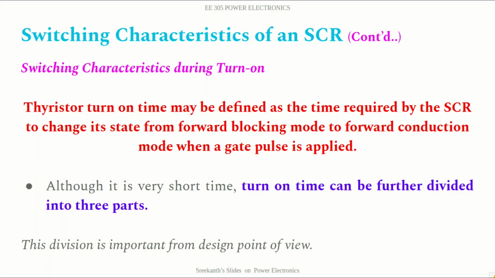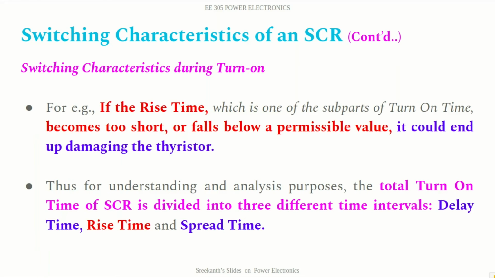Now, although it is a very short time, turn on time can be further divided into 3 parts. Why is that required? This division is important from design point of view. For example, the rise time, which I'll explain in the next video in detail, is one of the subparts of turn on time. If it becomes too short or falls below a permissible value, it could end up damaging the thyristor.